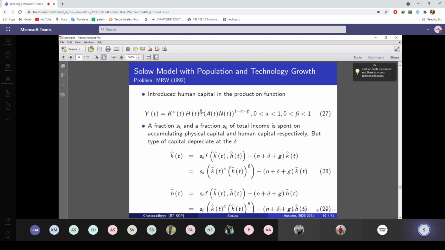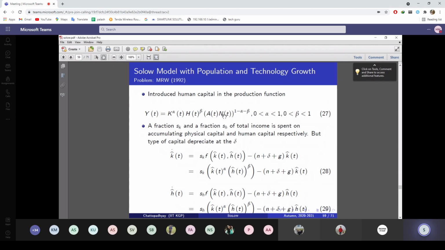So after that, people started analyzing the Solow model with this kind of production function, which has a capital, which has a total factor productivity A_t, which has a population N_t, but they also introduced human capital over here, H_t. So you see it's still a constant returns to scale production function with K_t, H_t and effective labor force.